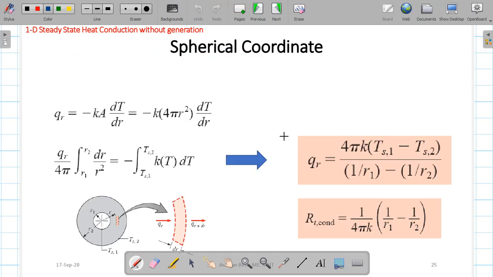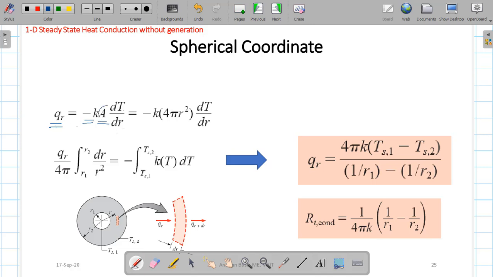If you write Fourier's law in the radial direction, Qr is equal to minus k into the area perpendicular to the direction of radial heat transfer, and the temperature gradient with r, dT/dr. This is the expression of rate of heat transfer using Fourier's law.